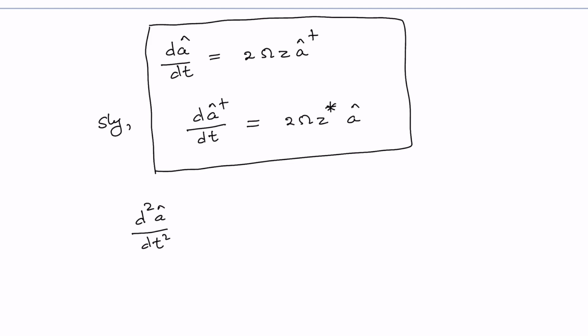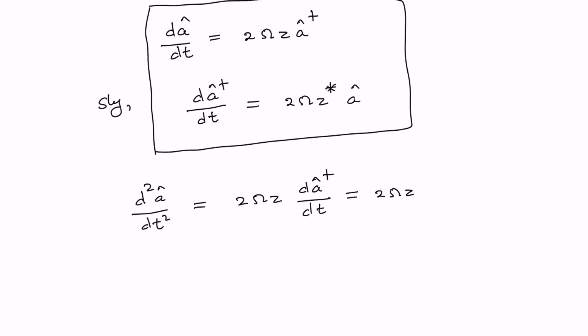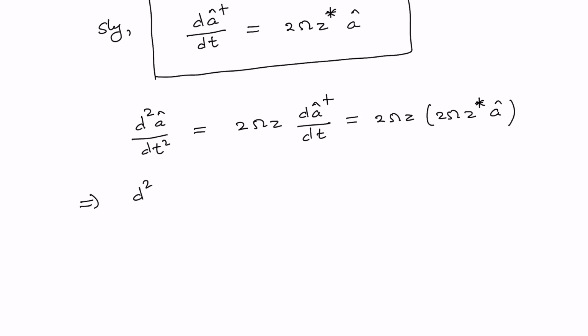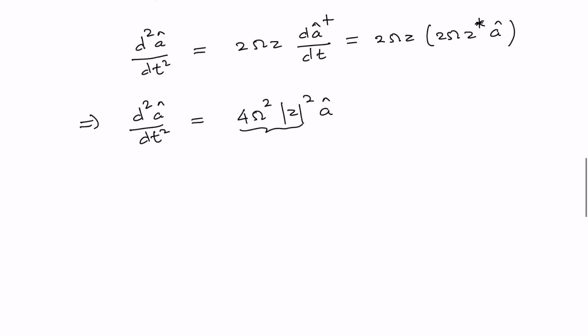I will get this second order differential equation: 2 omega z dA dagger/dt, and for dA dagger/dt I can put the expression from the second equation, twice omega z star A. From this I get d2A/dt2 equal to 4 omega square mod z square A. This is a constant parameter, so let me write it as lambda square A, where lambda square is equal to 4 omega square mod z square.